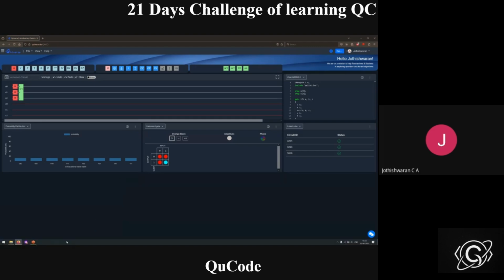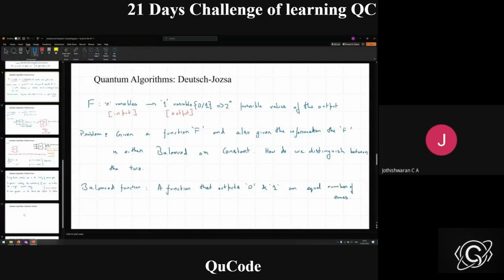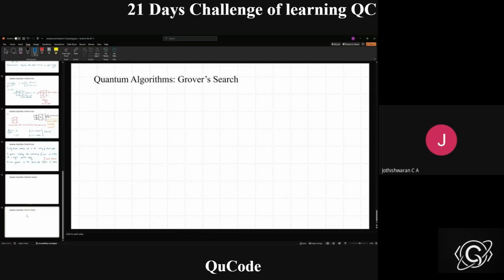I will quickly switch over to my slides and write the problem as I understand it. Because what I have observed is when people state the Grover search algorithm, they try to use very fancy terms and things like that. But ultimately, Grover's algorithm is very straightforward. It's actually a Boolean function problem.